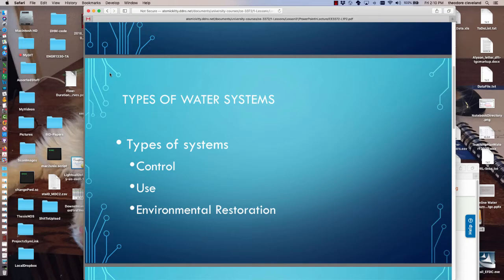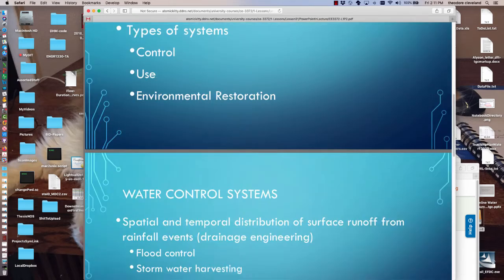Water systems are classified as water control systems, or systems that are used to control water; water use systems, which are systems that are used to provide water for our use and remove wastewater after use; and then a last one, environmental restoration systems, are a water system that's designed to provide some benefit to the environment in some context external from human drinking water or wastewater use.